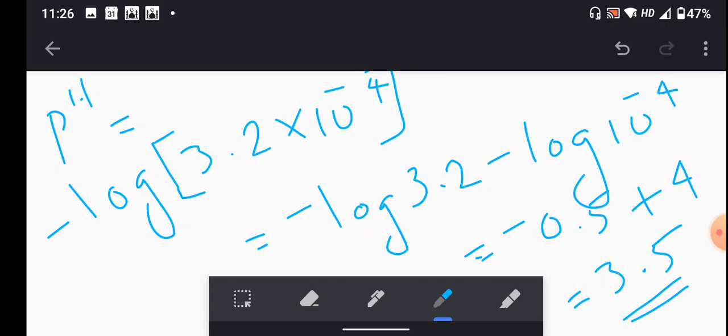So the pH of the solution with the H plus ion concentration of 3.2 into 10 to the power minus 4 is 3.5.